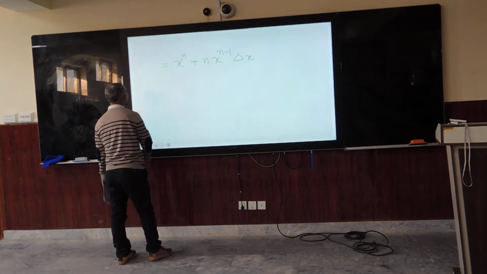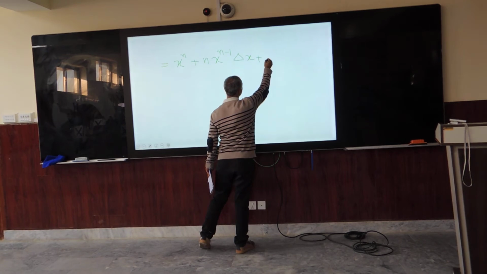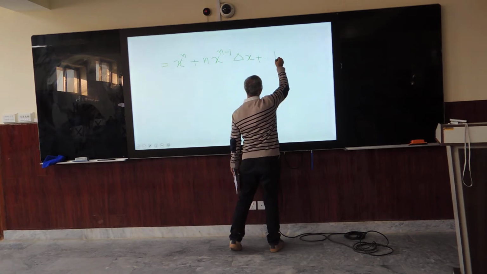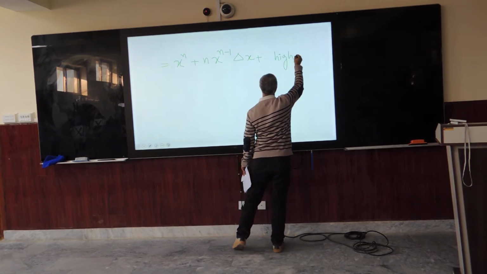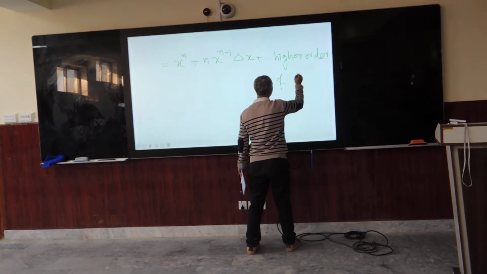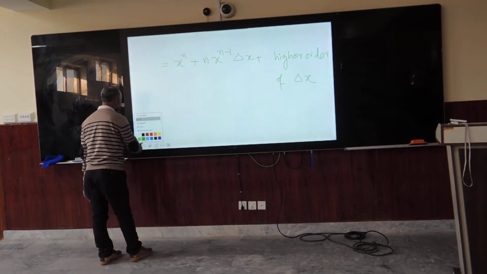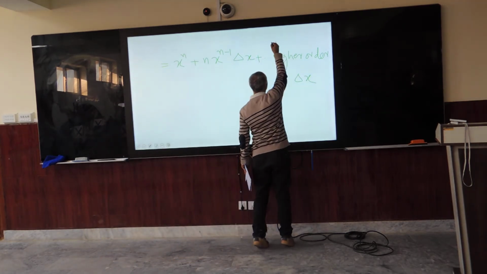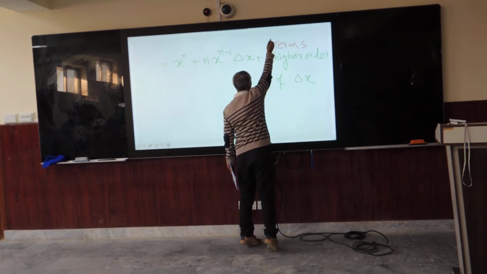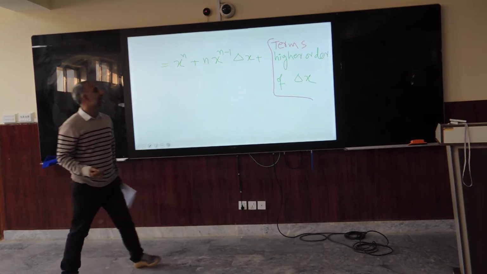So it will go like n x^(n minus 1) delta x, plus again higher order terms of delta x. Basically, higher order of delta x means terms with higher powers of delta x. All these terms which are higher order of delta x are considered as junk values.